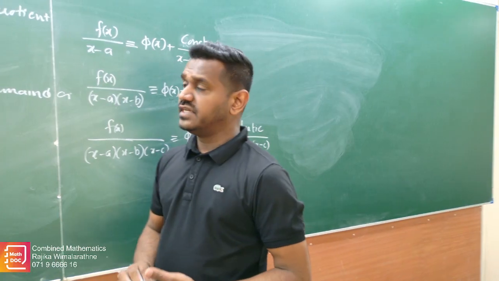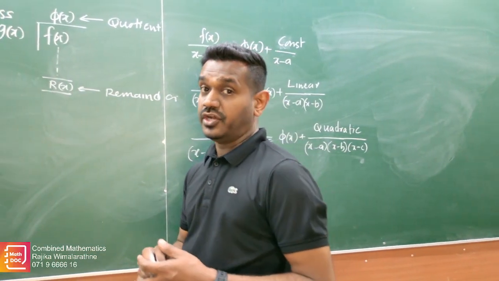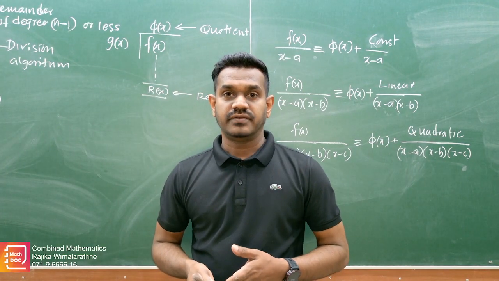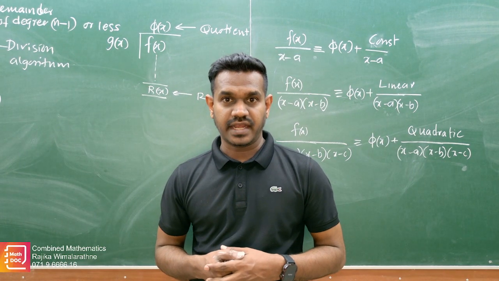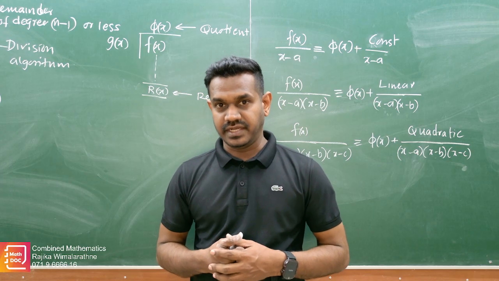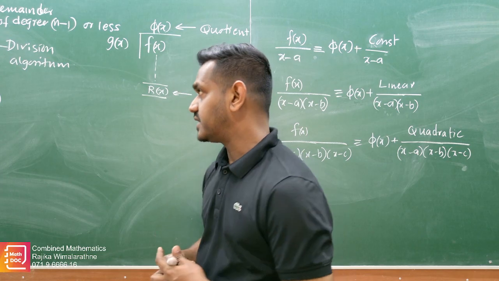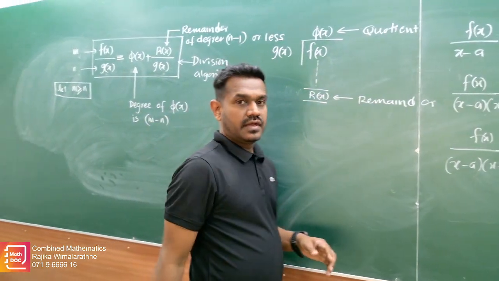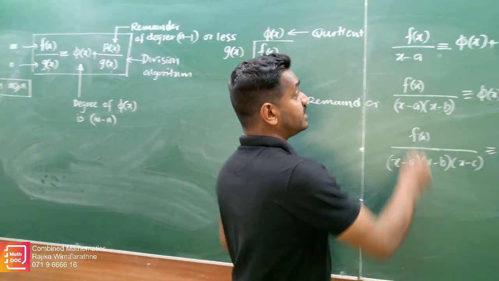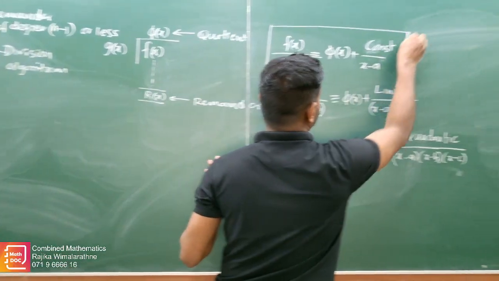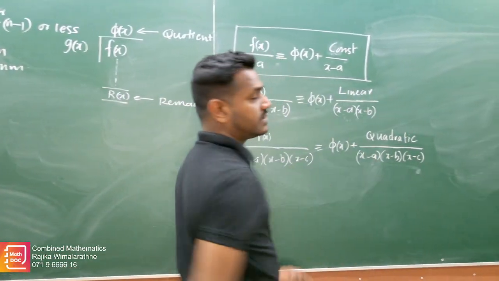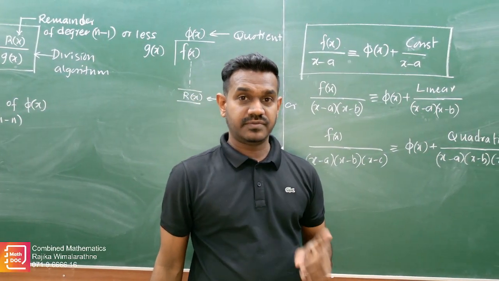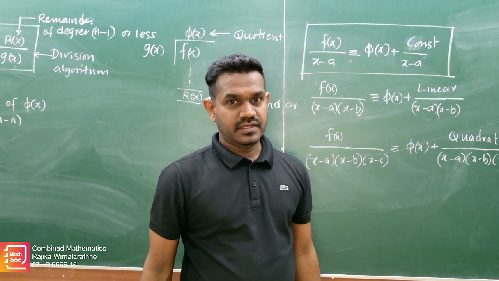Now, when we divide a polynomial by a linear factor, to find the remainder we can apply the remainder theorem. Let's see what the remainder theorem is. Remainder theorem is only applicable with this type of relation, that means we divide a polynomial function by a linear factor only.